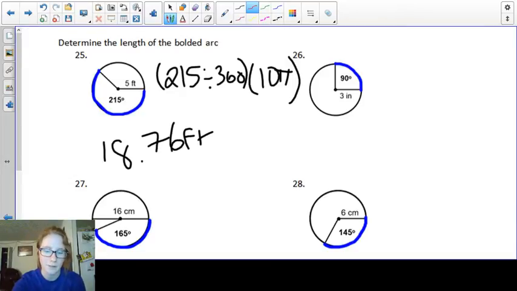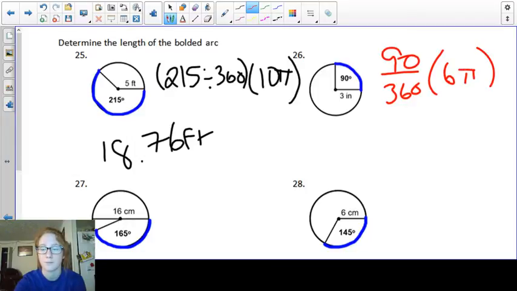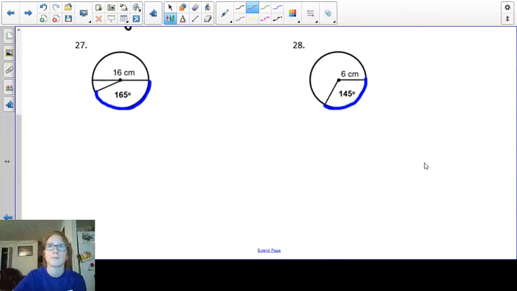Number 26 will be 90 degrees out of 360 times 3 times 2, which gives me 6 pi. Which in the end gives me 4.71 inches, so not very long, which makes kind of sense.